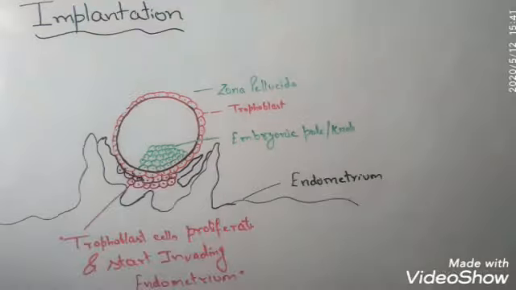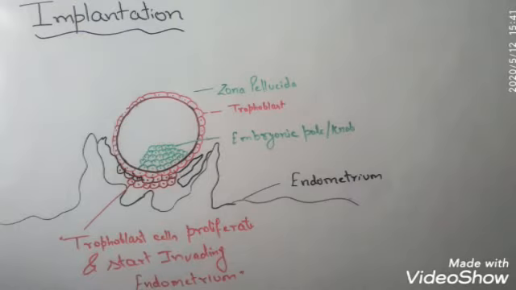They keep on dividing as well as invading the uterus, more specifically the endometrium lining of the uterus. This invasion of the trophoblast cells into the endometrium helps the blastocyst attach strongly within the uterus so that it cannot easily be removed.